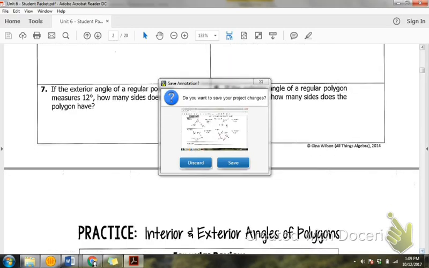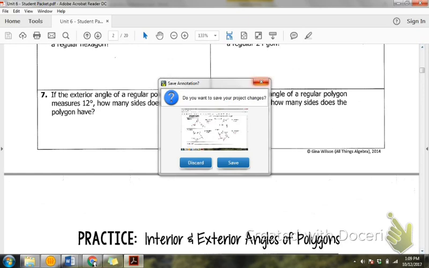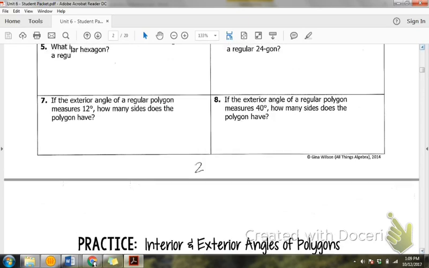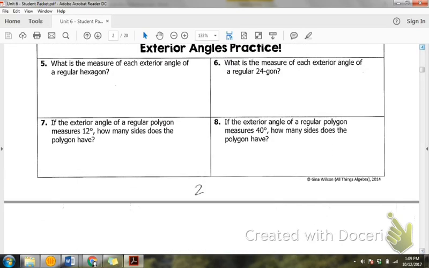Okay, let's practice this a little bit. We already know the measure of each exterior angle of a hexagon. So let's talk about this. A hexagon is how many? 6. So what do all the exterior angles add up to be? 360.